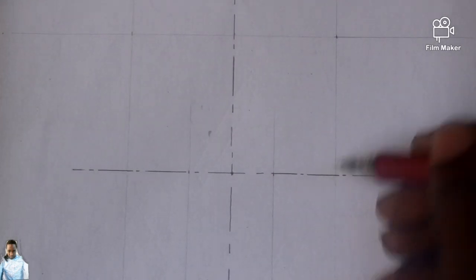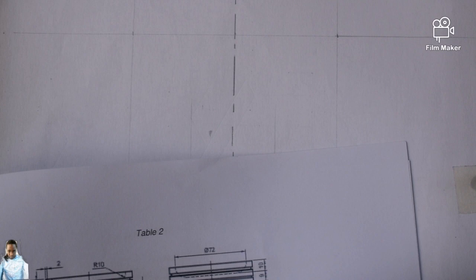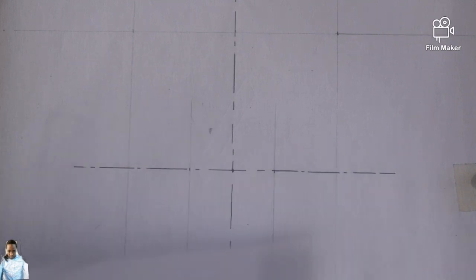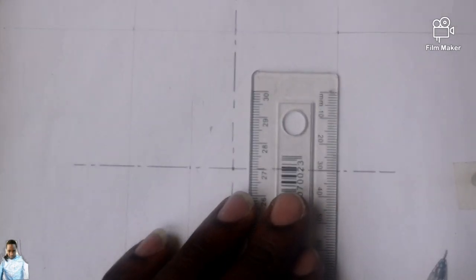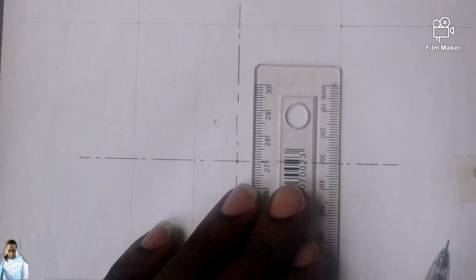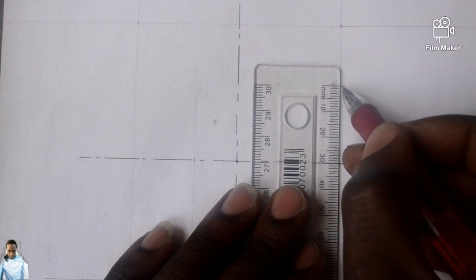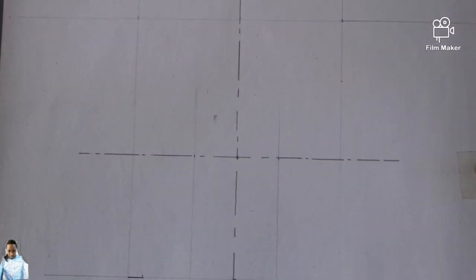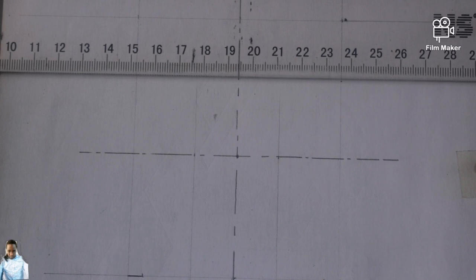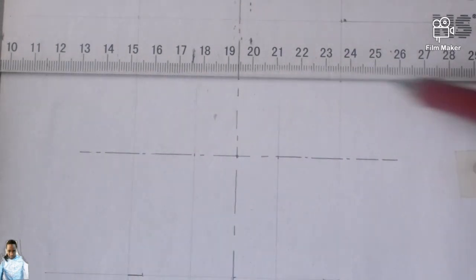So now from here going up, we are going to record a dimension of 30. 30 millimeter is that one. So where your 30 ends, put your horizontal faint line. There it is.